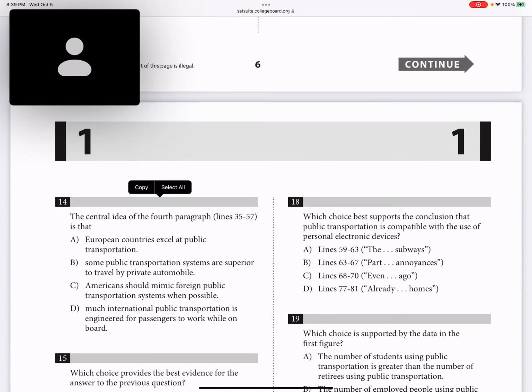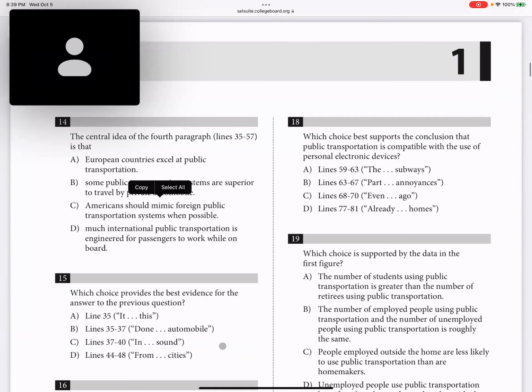There we go. Good. Yeah, B, right? And then actually B as well for 15, because that's the exact line we read to get that correct answer.